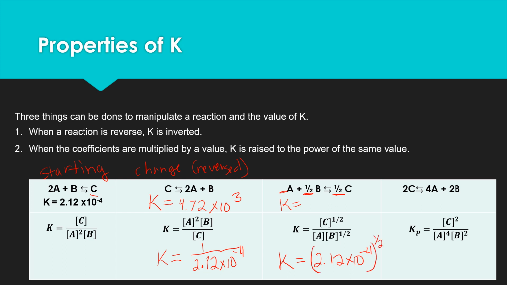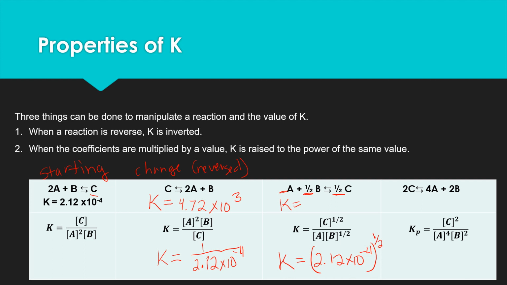Now, if you don't know how to put a 1/2 in, or you want to write it as 0.5, that's fine. In our calculator, I put it in parentheses personally, 2.12 times 10 to the -4th. And then I'm going to close my parentheses and raise it with the little caret key. And I'm just going to put in 0.5 for half.